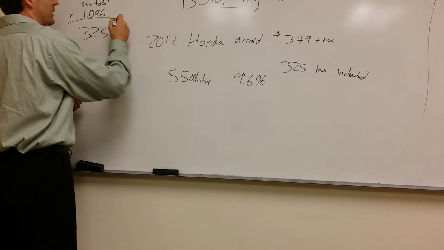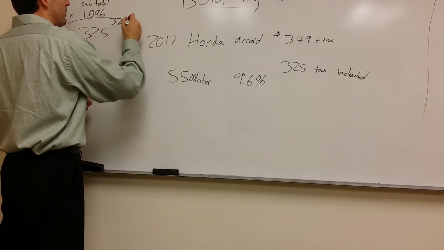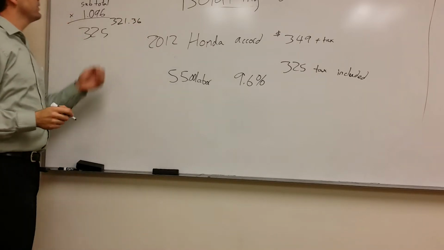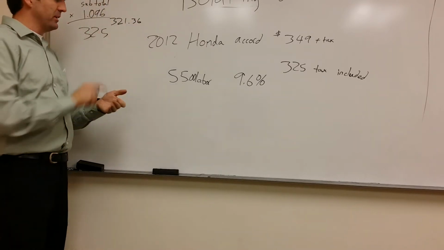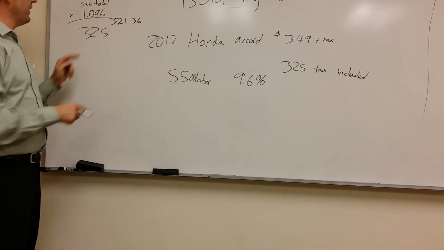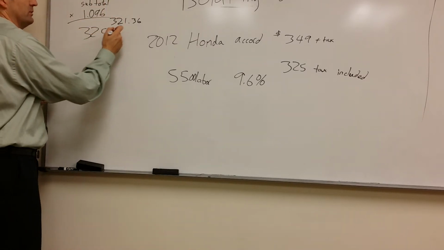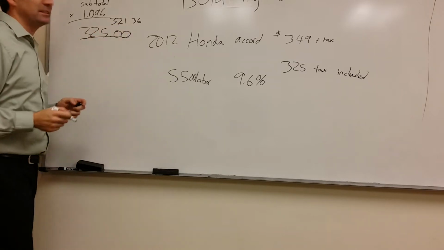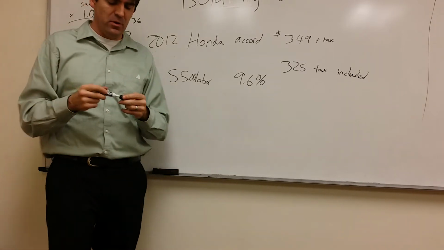He might find out that his guess put him at 321.36. So then he knows he needs to raise this number a little bit. So he picks another one. It would take him about 6 guesses to get it to where the calculator spits out exactly the price they quoted over the phone.